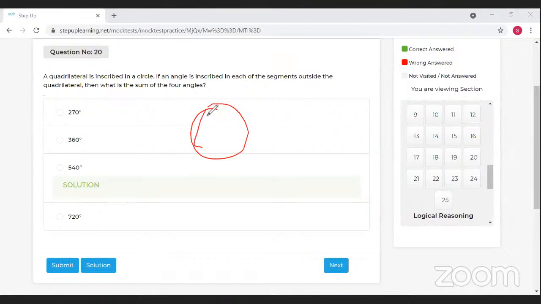Correct. Sum of the angles in a quad is 360-degree. It means that we can assume this is 90, 90, 90. If the angle is subscribed in each of the segments outside the quadrilateral, it means this, which is again 90. So 90, 90, 90, 90 has to be 360. So I am not sure about this answer.